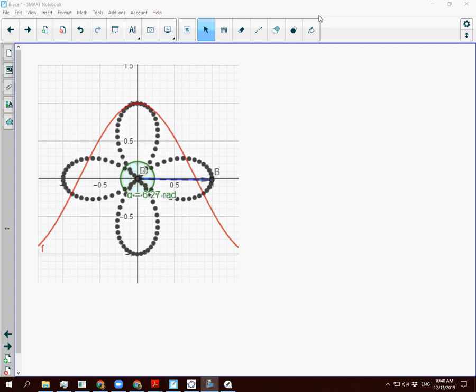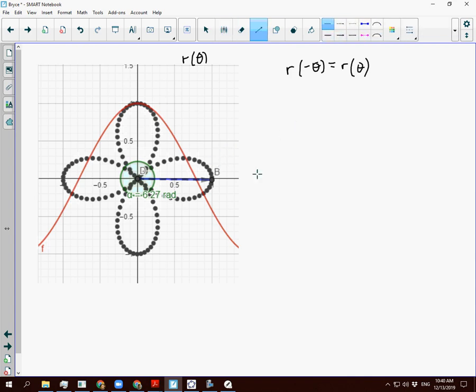Okay, if you're testing for symmetry with respect to the polar axis, the original function is a function of theta. If you replace theta with negative theta and get the same thing, then you've got polar axis symmetry.